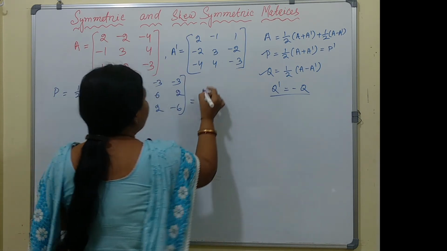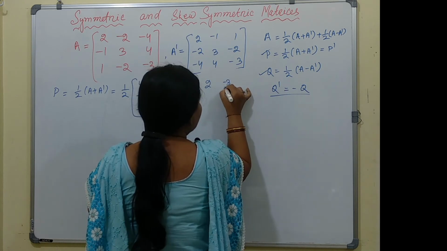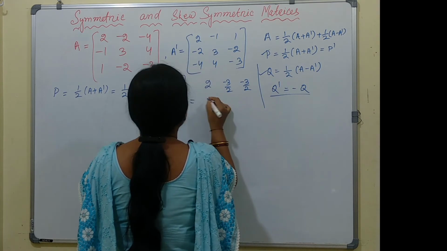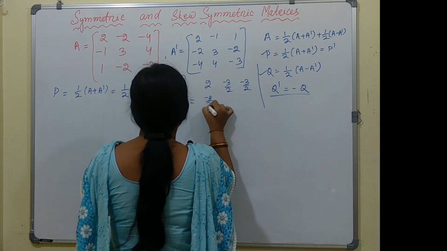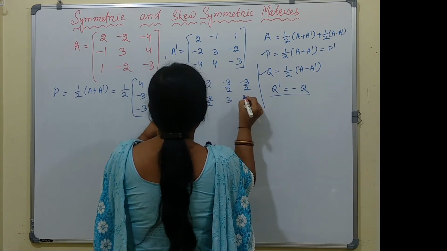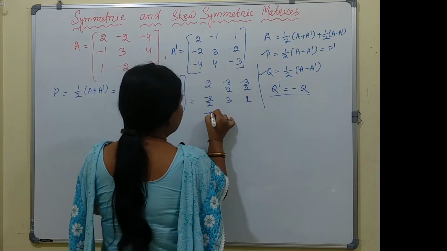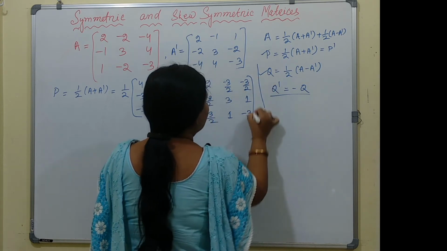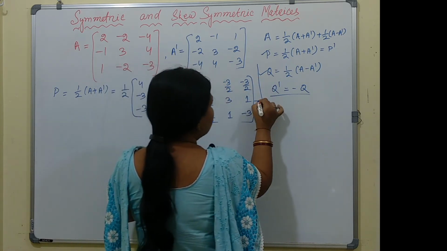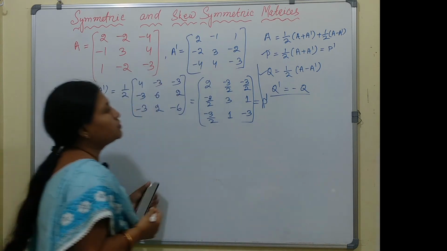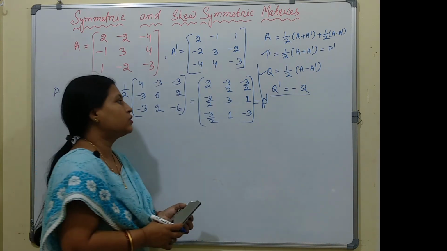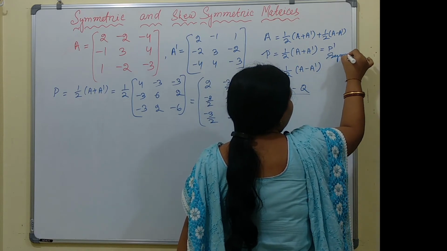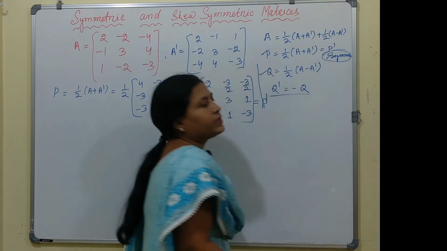Now we get 2, minus 3 by 2, minus 3 by 2, minus 3 by 2, 6 by 2 is 3, 1, minus 3 by 2, 1, minus 3. So this is equal to P dash. So P is equal to P dash, so P is a symmetric matrix.